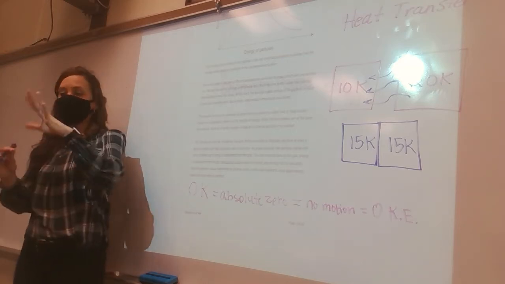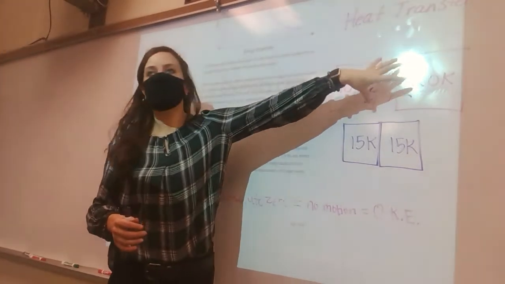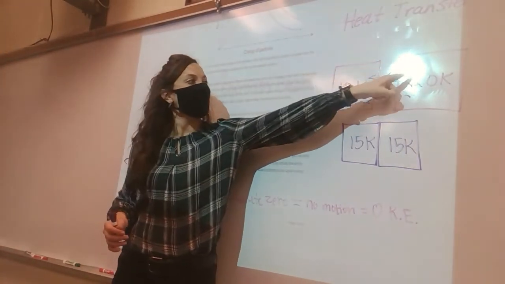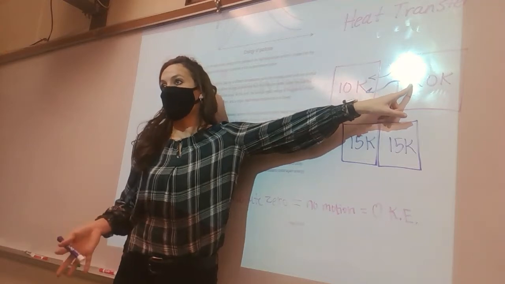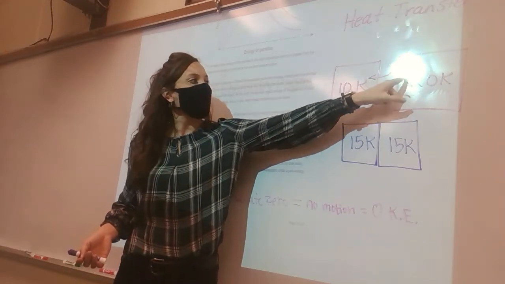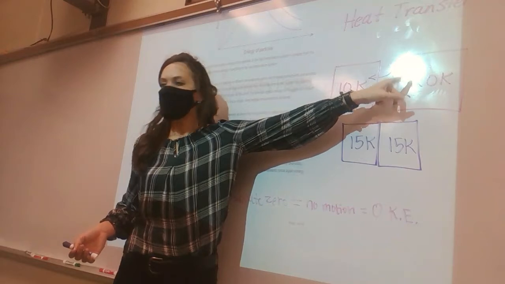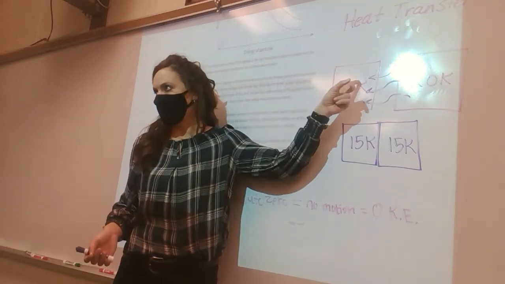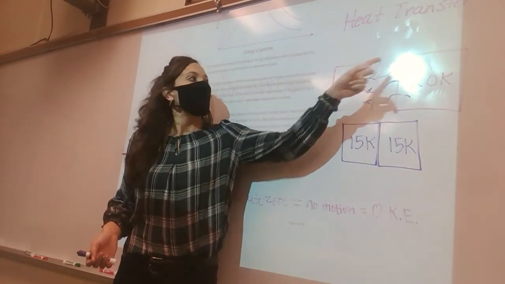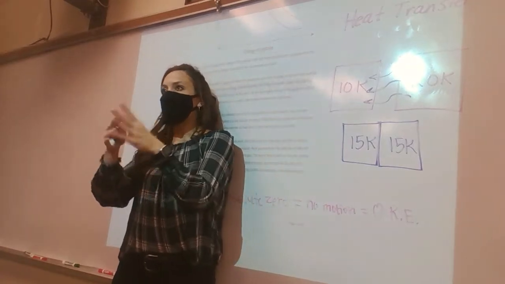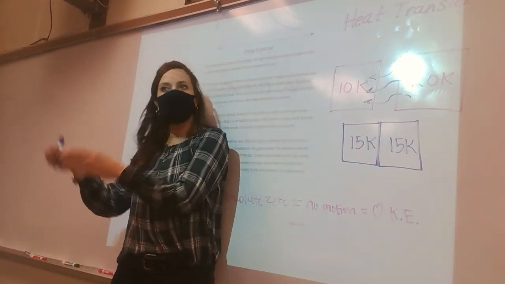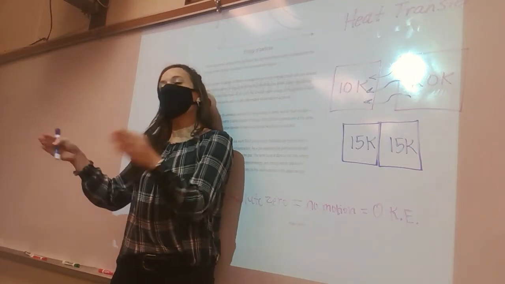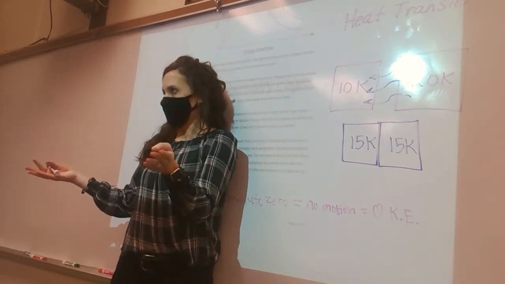And that happens because when these things are brought into contact, these particles are moving faster, right? They're at a higher temperature. So these faster moving particles collide with these slower moving particles. When they collide, the faster particle slows down a little bit, the slower particle speeds up a little bit, and then you have two intermediate particles.